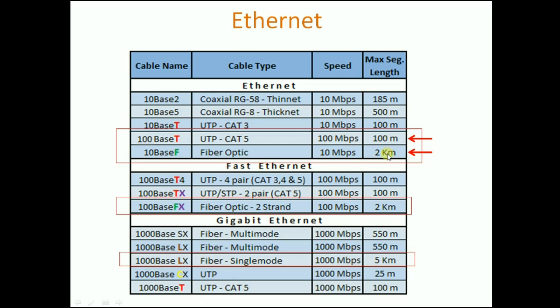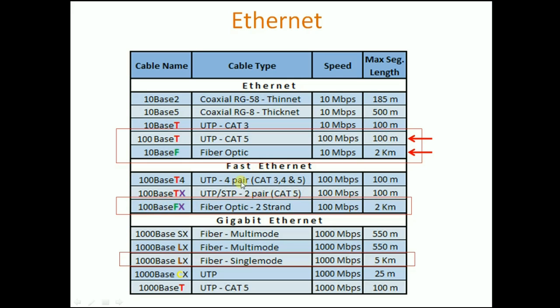So here, if we have to connect two devices which are placed at 200 meters, we will be requiring two segments of 100 meter each, and to connect these two cables, we will require a connector and also an amplifier. An amplifier is required because due to signal attenuation, the signal will lose its strength, and hence to regenerate the signal strength, we will require an amplifier.